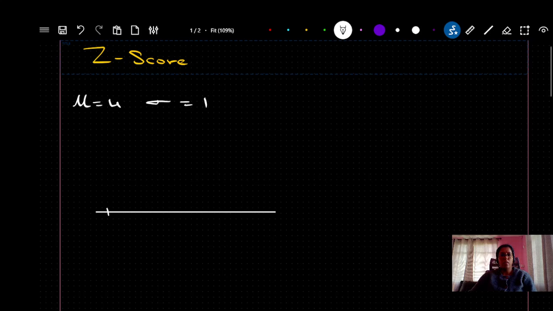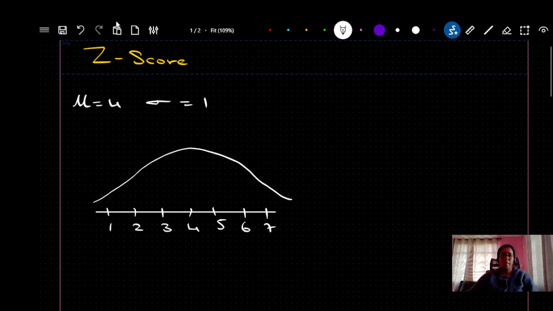So you have different values here, 1, 2, 3, 4, 5, 6, 7, and then you'll do your graph, which is the normal distribution.